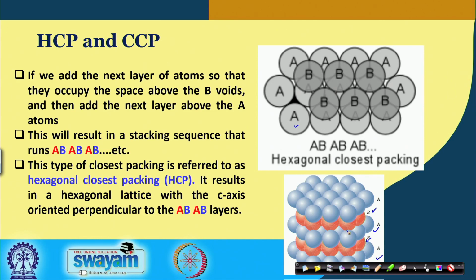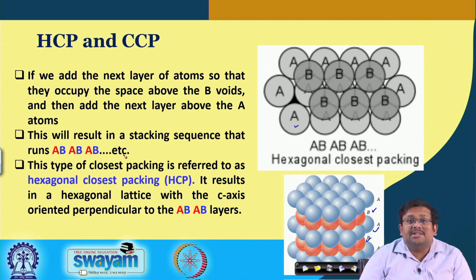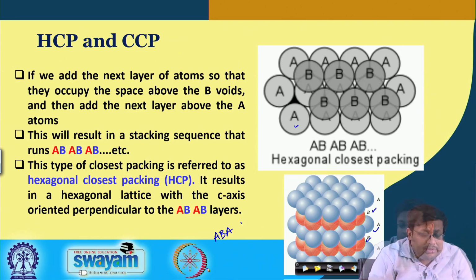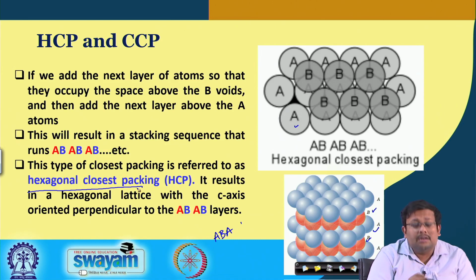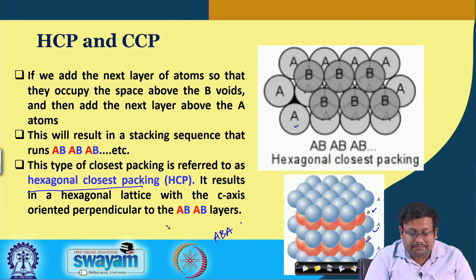So, this type of stacking results in a sequence of AB, AB, AB, etc. Sometimes we call it ABA also. This type of closest packing is referred to as hexagonal closest packing or HCP.